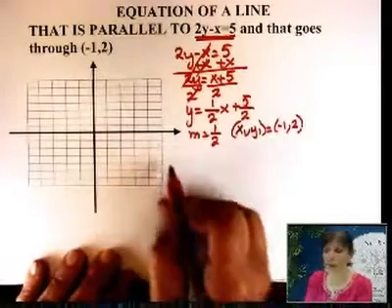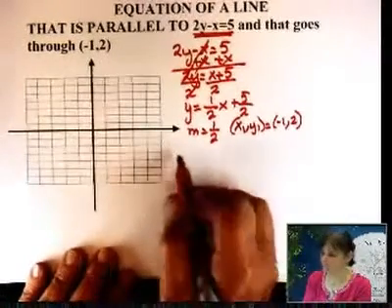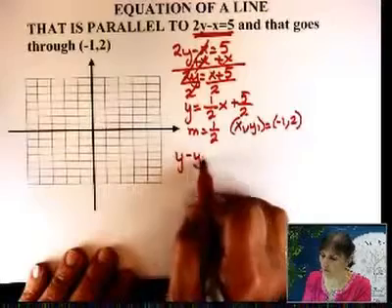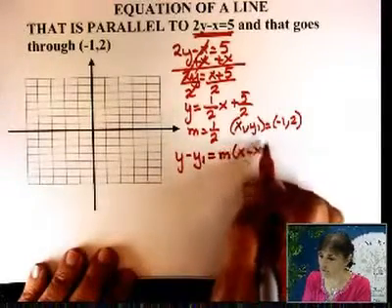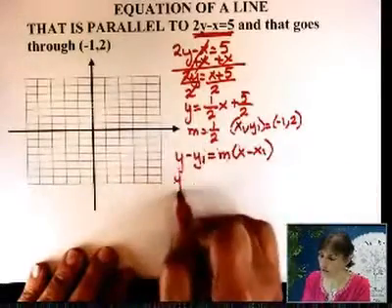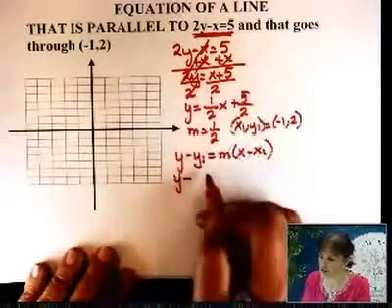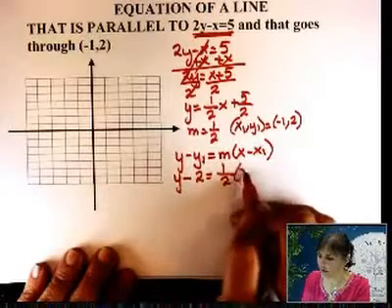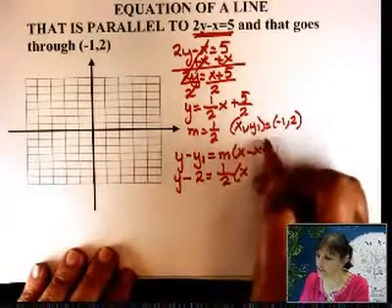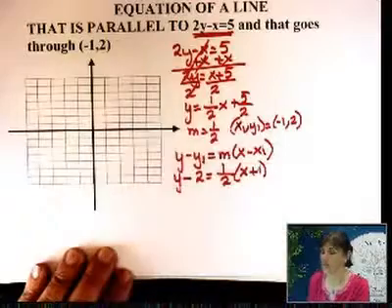What is the formula? Point slope form: y minus y1 equals m times x minus x1. Plug in. Y minus y1 is 2. M is 1/2. X minus minus, that will give me a plus.